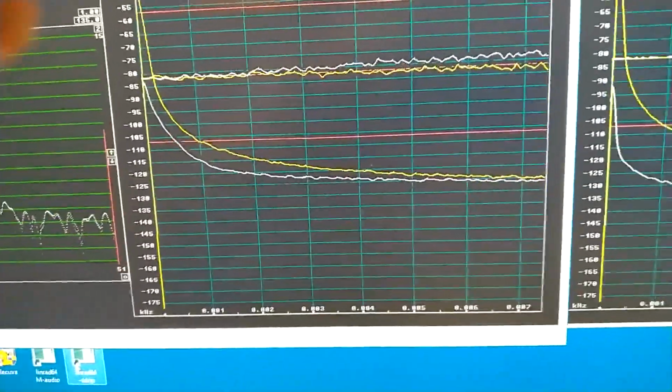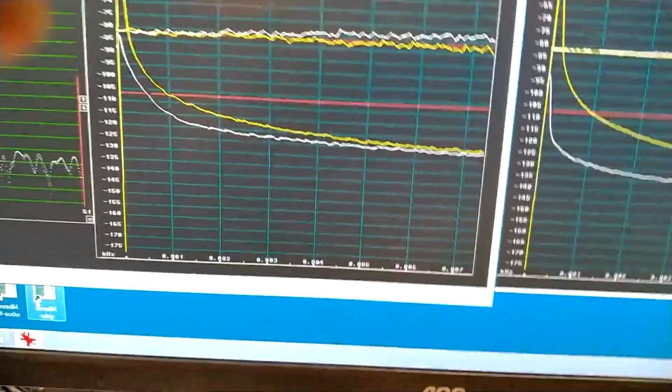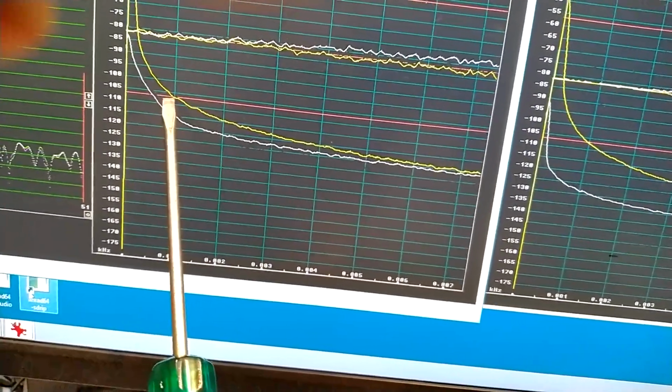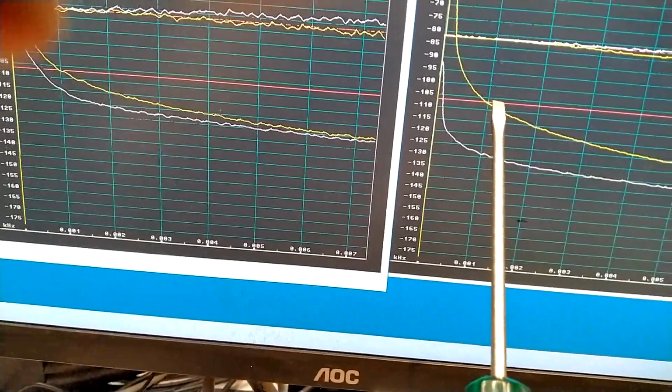Before I removed that capacitor, this is what I could see. At 1 hertz, exactly on the red line, and now exactly the same.